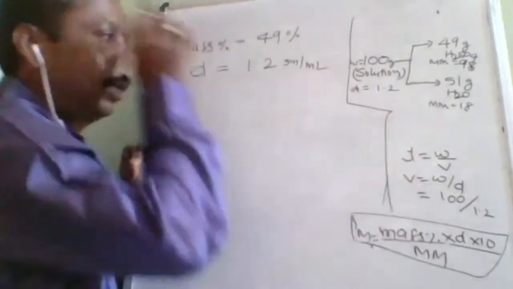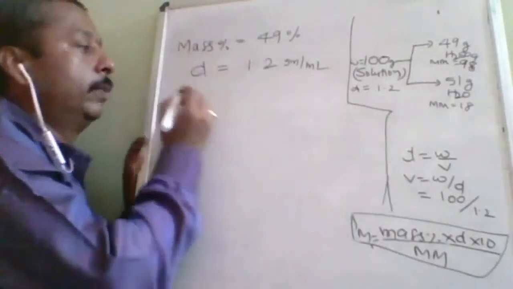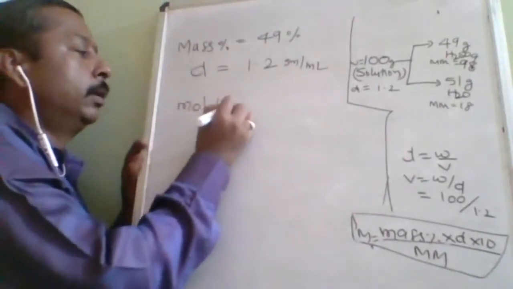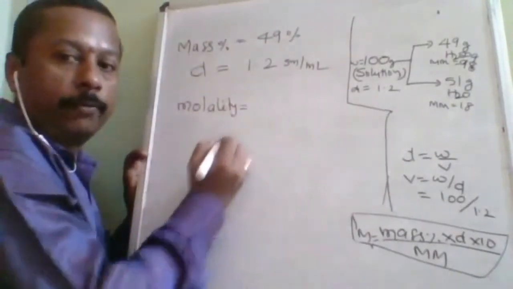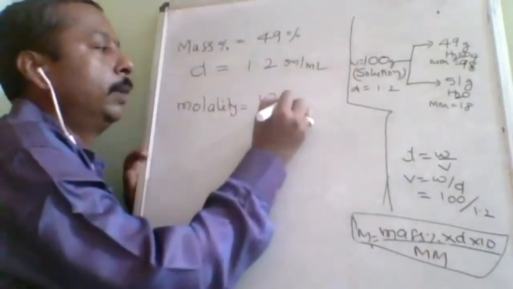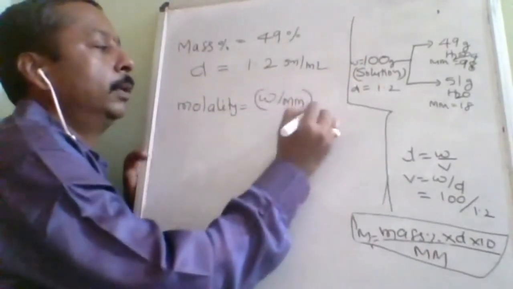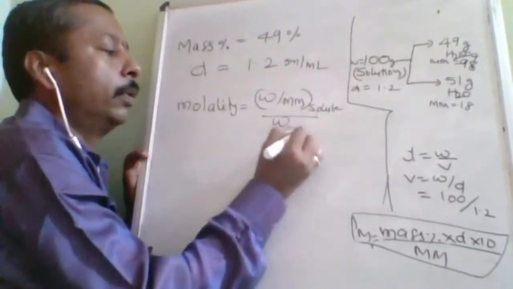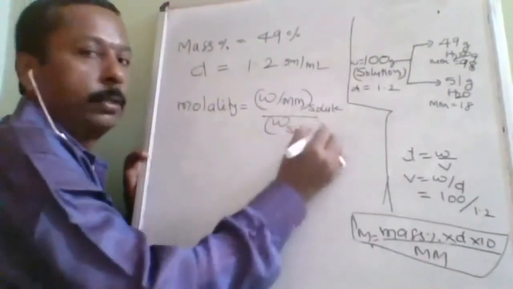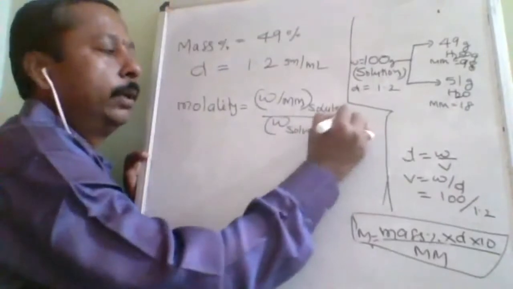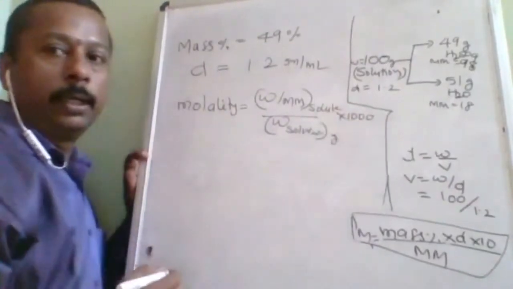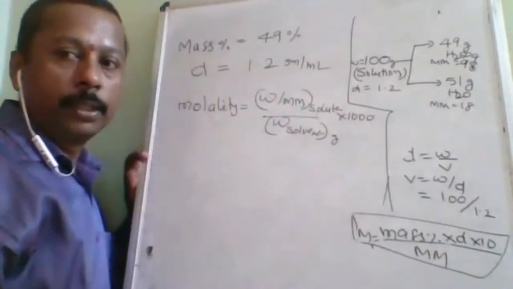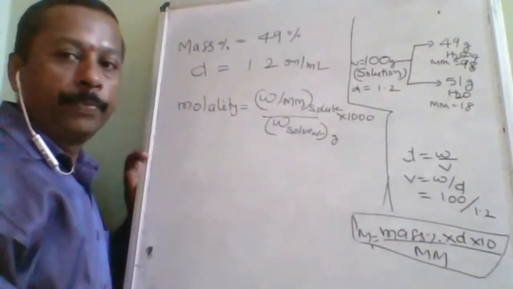Now coming to the next one, molality. Molality formula: mass of solute upon molar mass of solute, divided by mass of solvent, if it is in grams, multiplied by 1000.